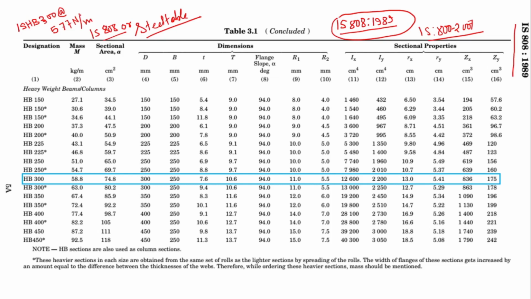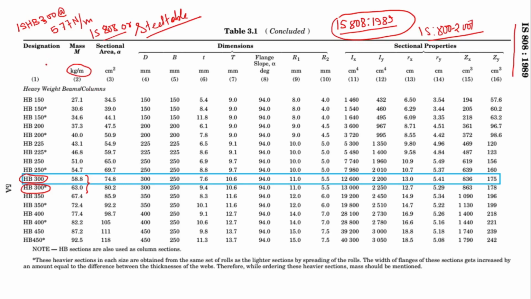If you see the steel table of IS 808, you will find that we have two ISHB 300 sections. They have different masses: one has 58.8, the other has 63.0, but their unit is kg per meter.